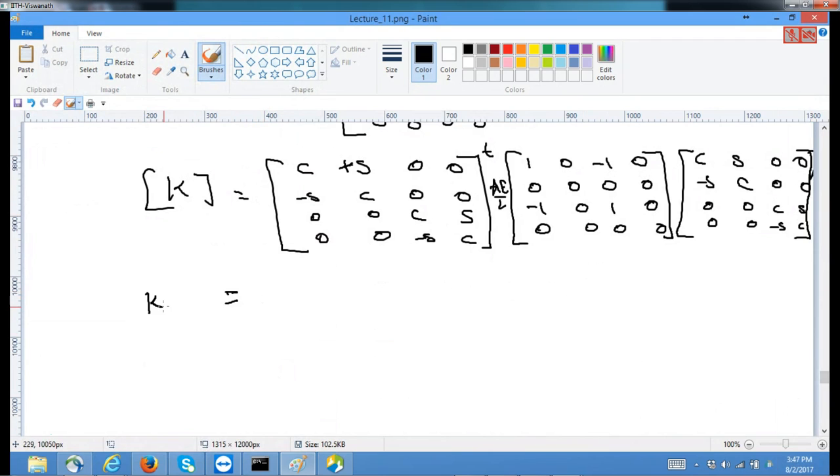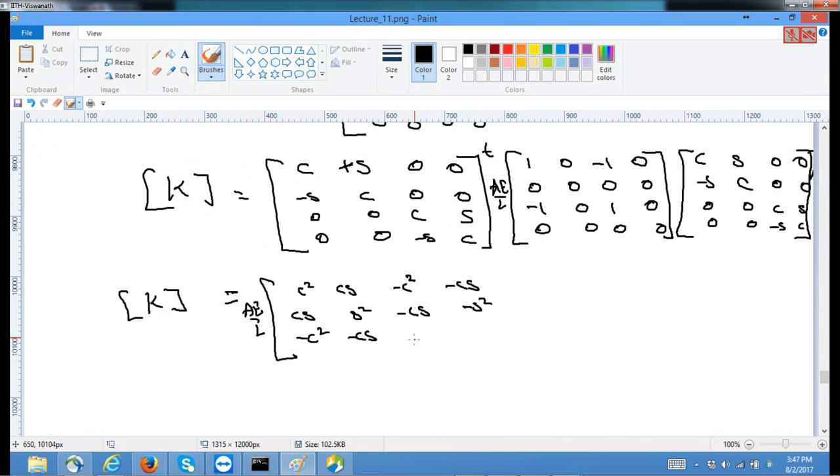The K matrix is given by AE by L times [C square, CS, minus C square, minus CS; CS, S square, minus CS, minus S square; minus C square, minus CS, C square, CS; minus CS, minus S square, CS, S square]. I'm just doing it quickly because of lack of time. You can do this computing yourself at a later point of time.